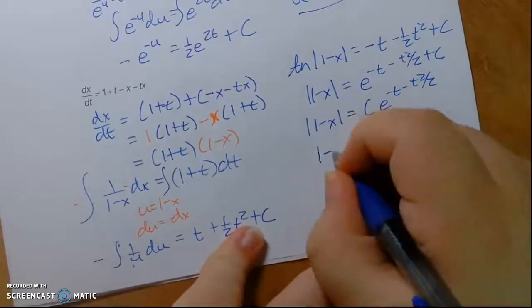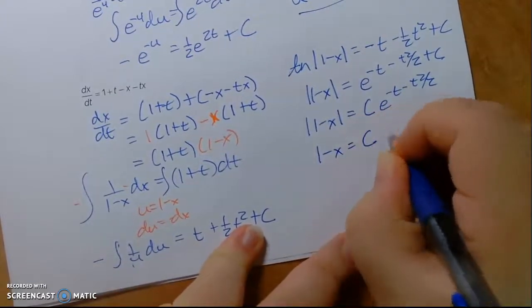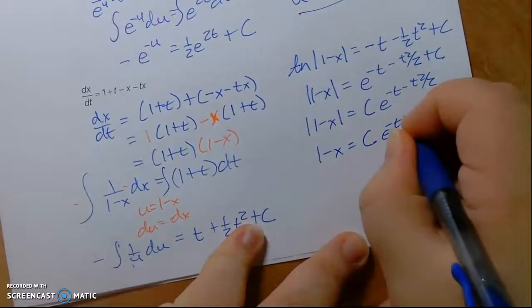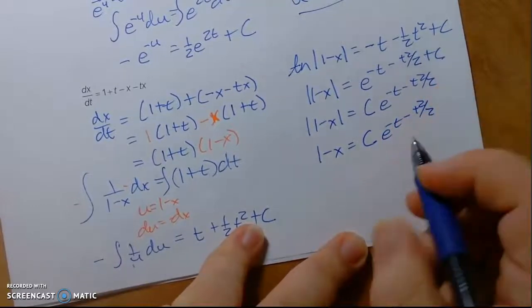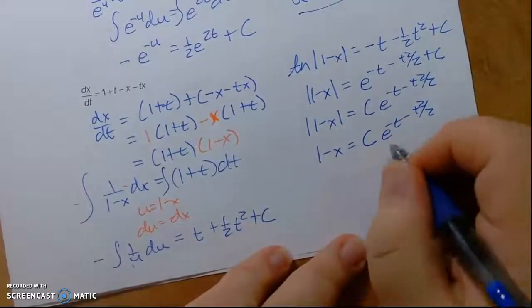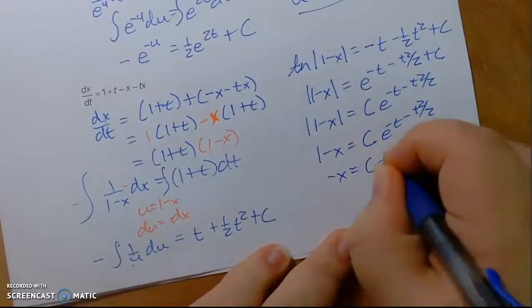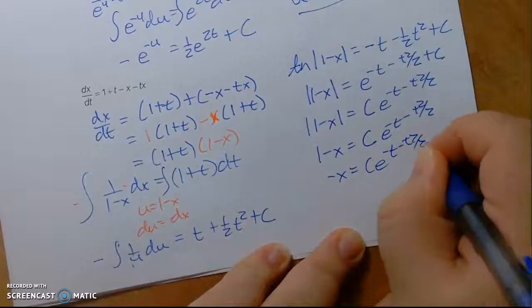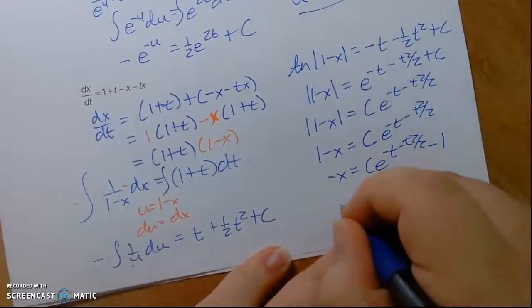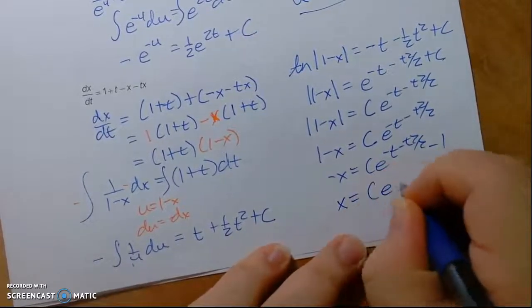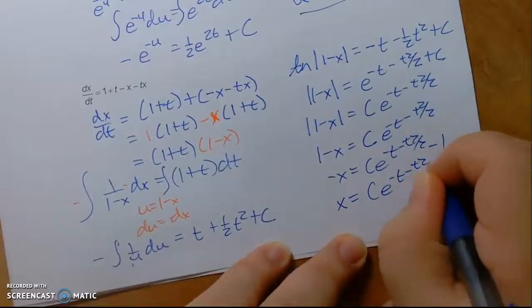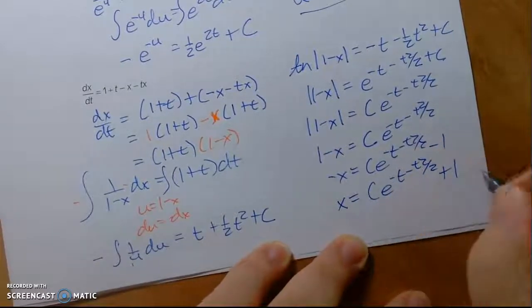C will absorb the plus or minus sign. Add 1, or subtract 1. Negative 1. And we get this.